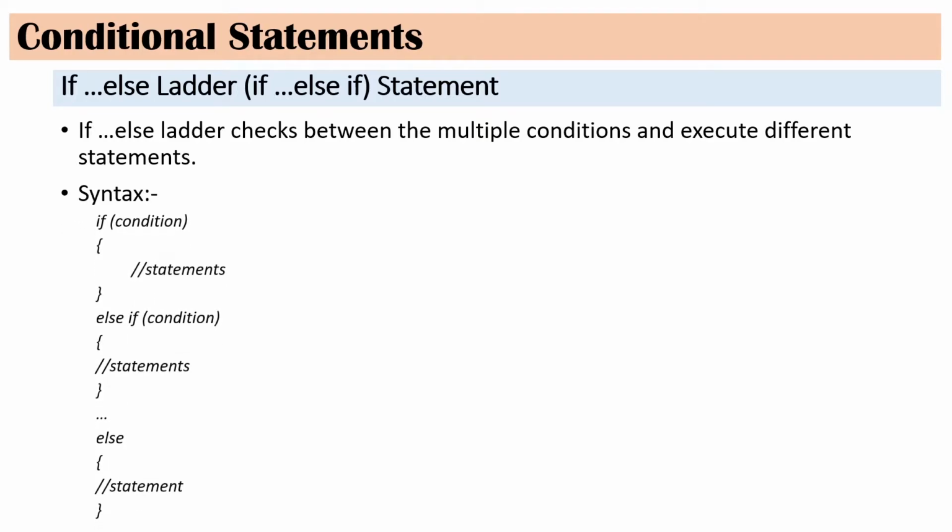So syntax will be like this: if this condition is evaluated true, then these statements, otherwise this condition will be checked, and if this condition is true, then these statements, and so on, this flow goes on, and then else, then this statement will be executed.